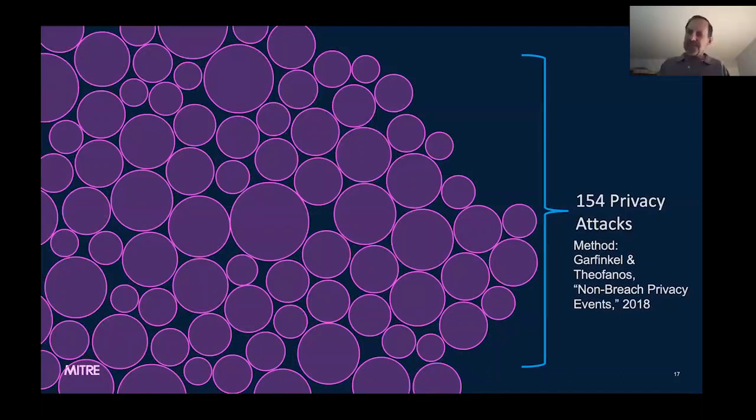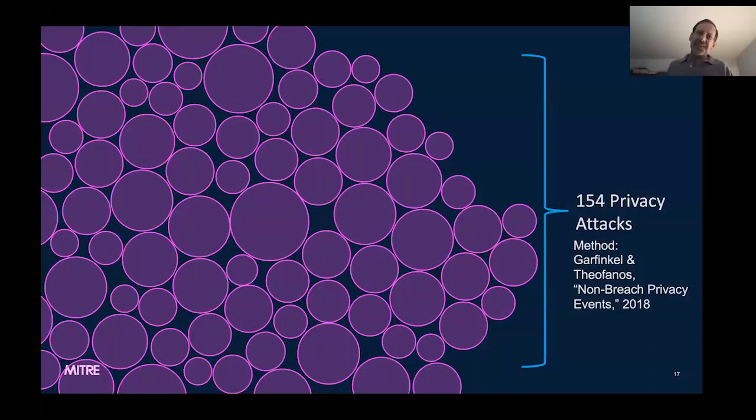Panoptic, or at least version 1, has been developed on the basis of 154 empirical privacy attacks, non-breach privacy events, following, at least at a high level, the methodology that Garfinkel and Theophanos used in their 2018 paper. That data set consists, for the most part, of FTC and FCC cases, so actual cases that have been documented by the Federal Trade Commission and the Federal Communications Commission.